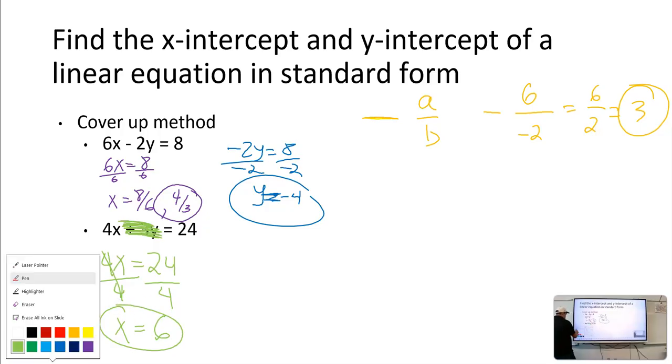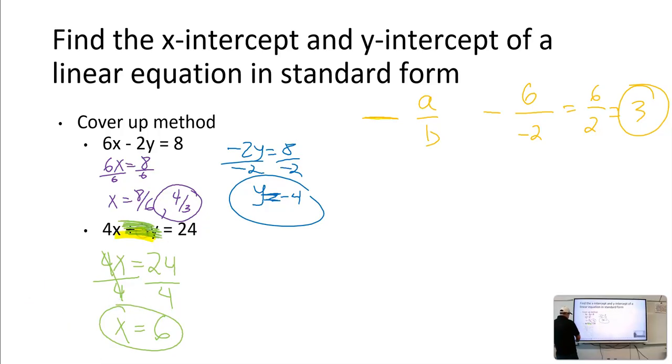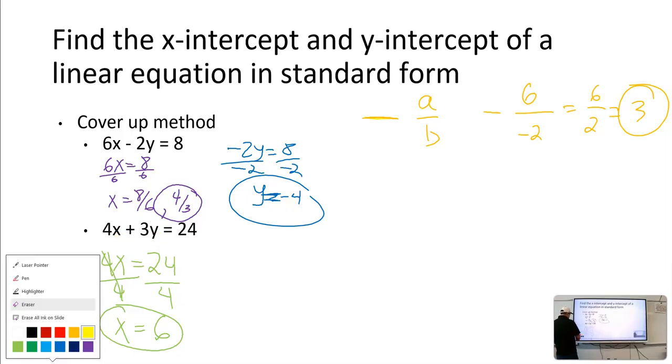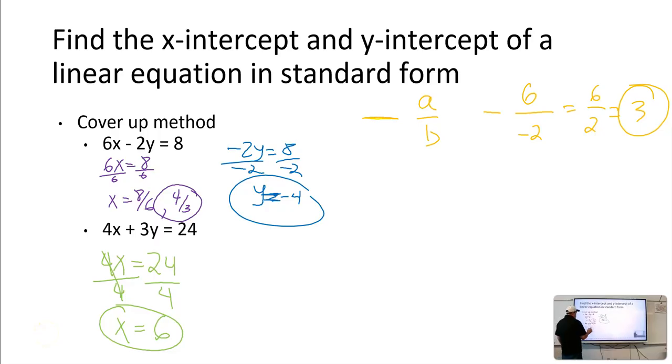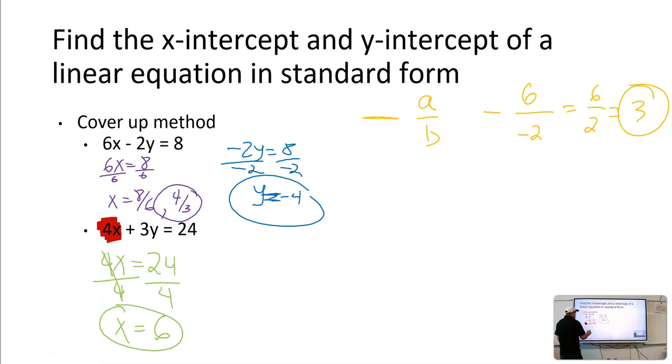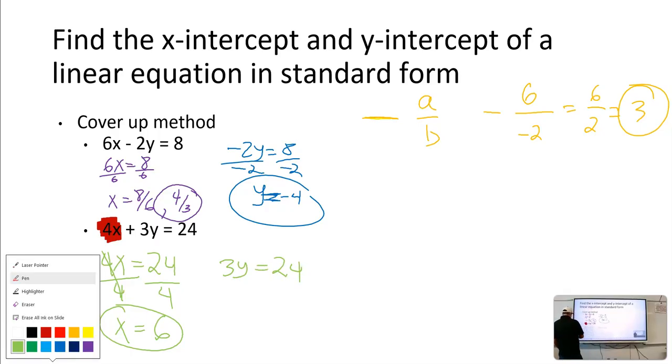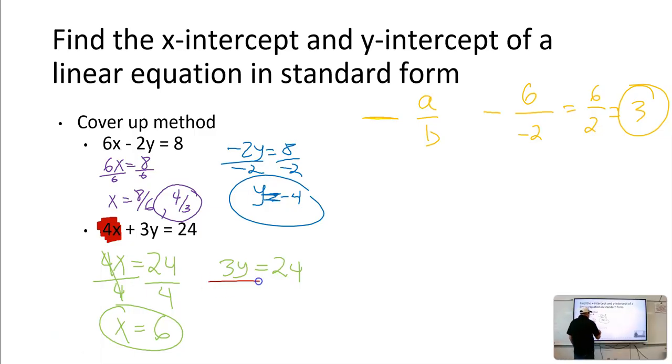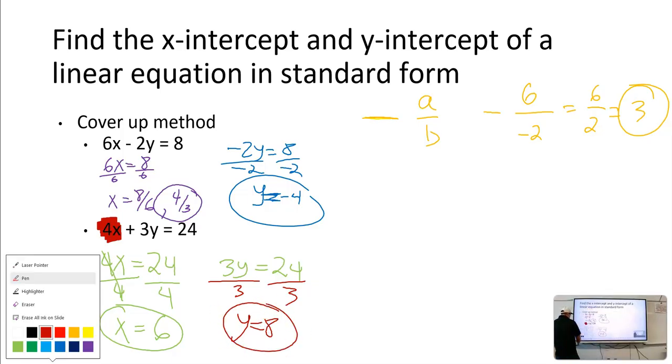All right, now let's cover up the x. And we get 3y equals 24. So divide both sides by 3, and we get y equals 8 for your y-intercept.